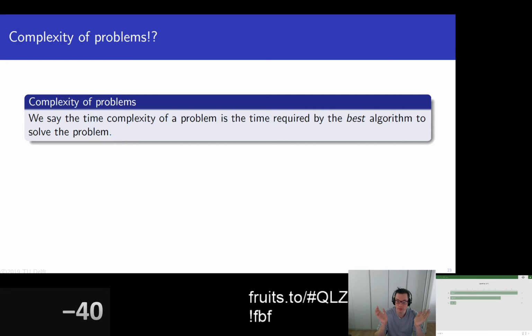We may have found a solution, but in order to know that it's the best one, I'd have to think somehow about all other possible solutions, things I haven't even come up with yet, and show that they can't exist, or show that they are always worse than the one I've created. That's tricky, that's real hard. In fact, there are very few problems for which we've successfully done this. One example is sorting.